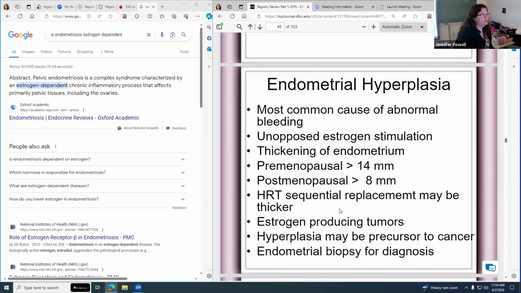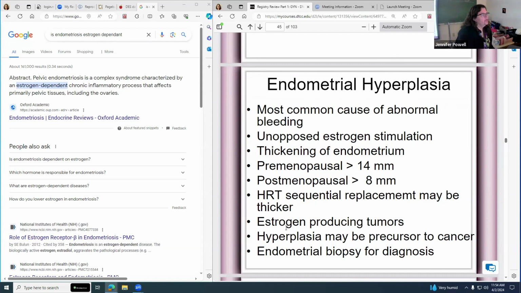Given to postmenopausal women to help with their symptoms, because once a woman goes through menopause, those fluctuating estrogen levels stop fluctuating. They just get cut off, and that's it. And it causes some pretty uncomfortable symptoms. So some women will seek hormone replacement therapy, and then they could end up with a thickened endometrium, and that's caused by this endometrial hyperplasia.